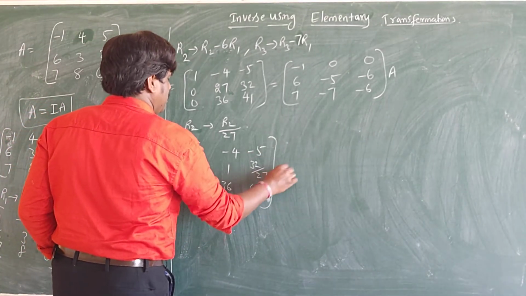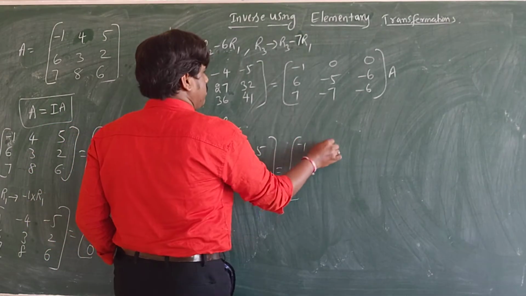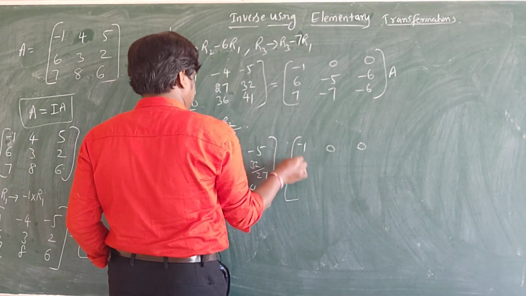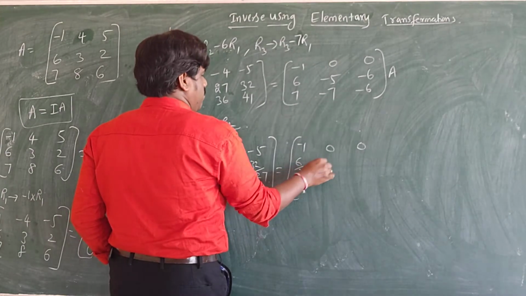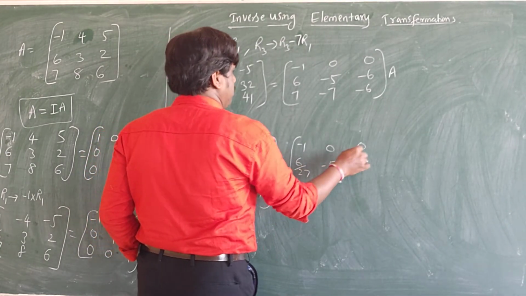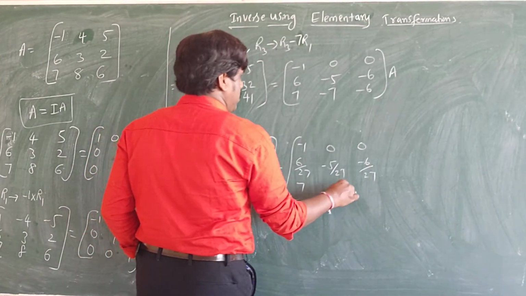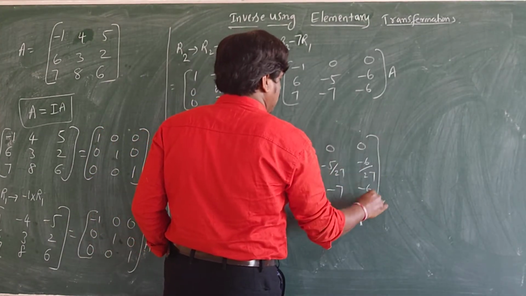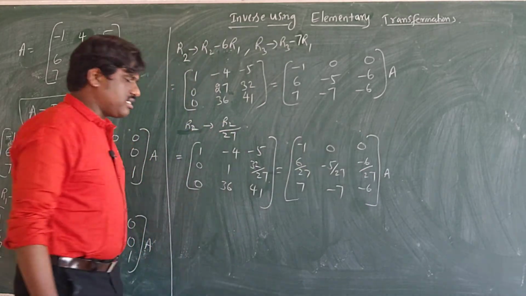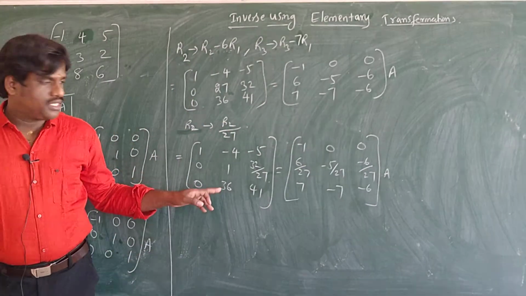Okay, no problem. Now here minus 1, 0, 0, 6 by 27, minus 5 by 27, minus 6 by 27, 7, minus 7, minus 6 into 8. Now you got this as 1, right?